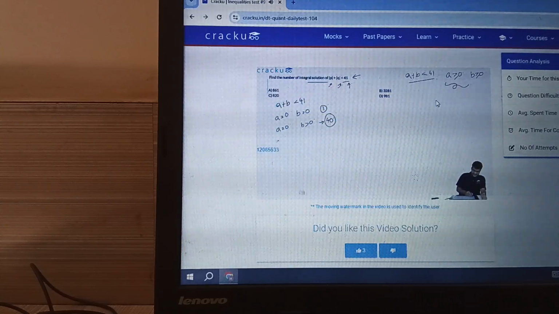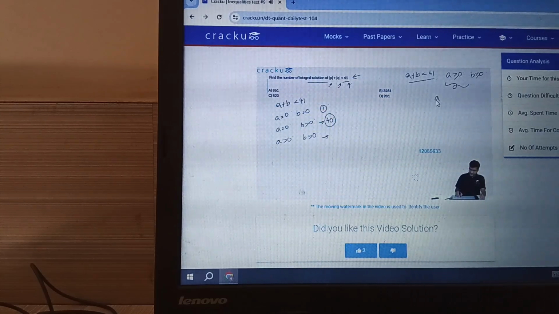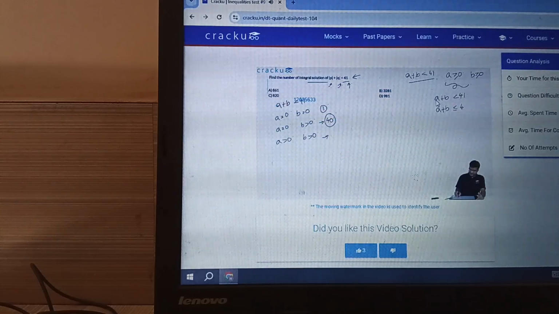Similarly, if a is greater than 0 and b also is greater than 0, how many solutions will this have? Because a and b are integers, we can assume that a plus b will be less than or equal to 40.